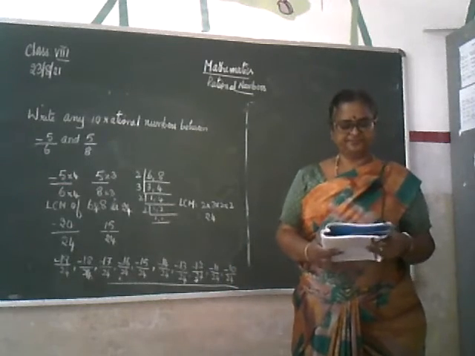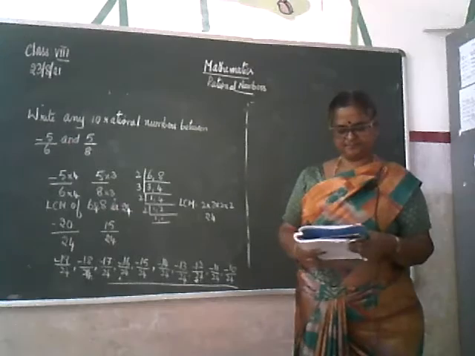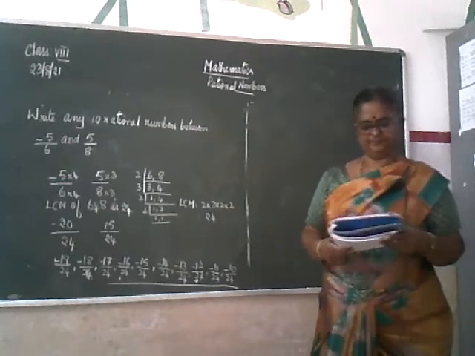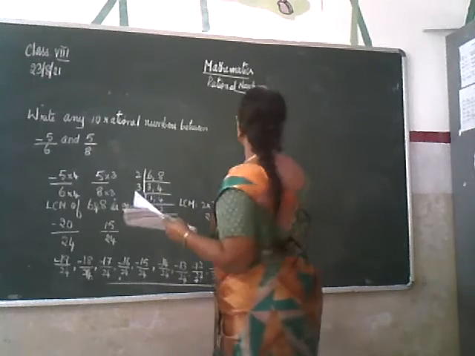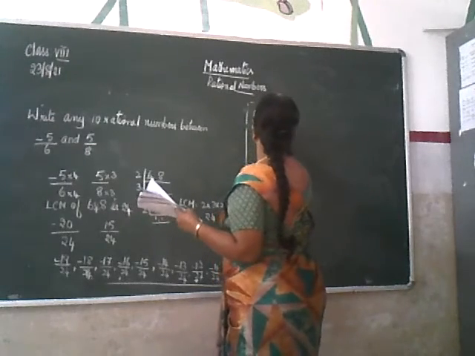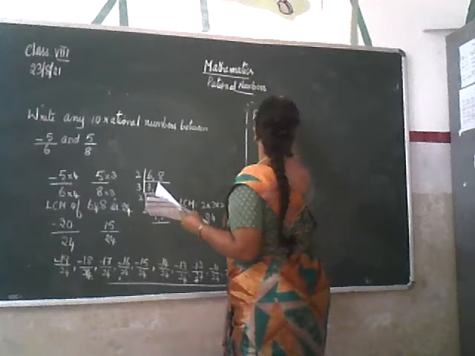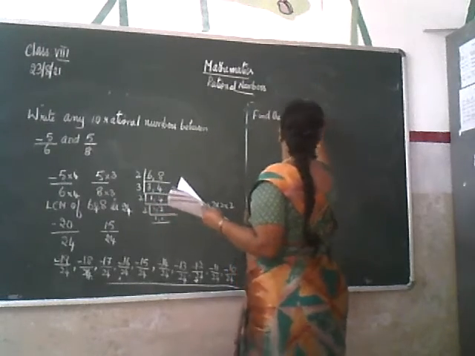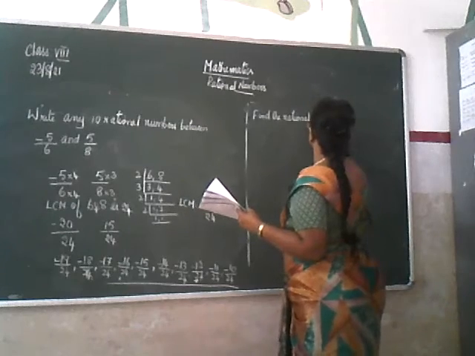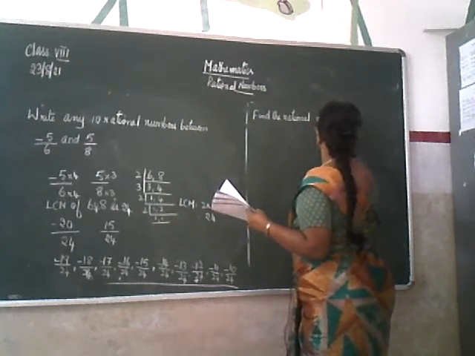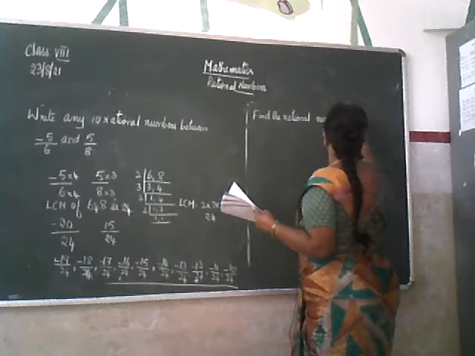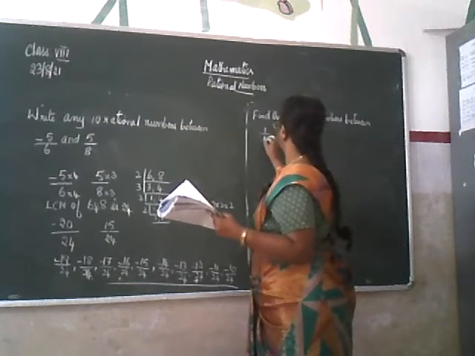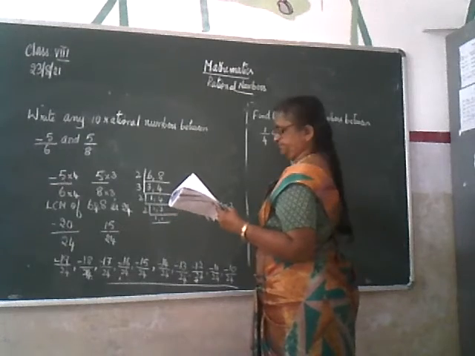Then find the rational numbers between 1 by 4 and 1 by 2.